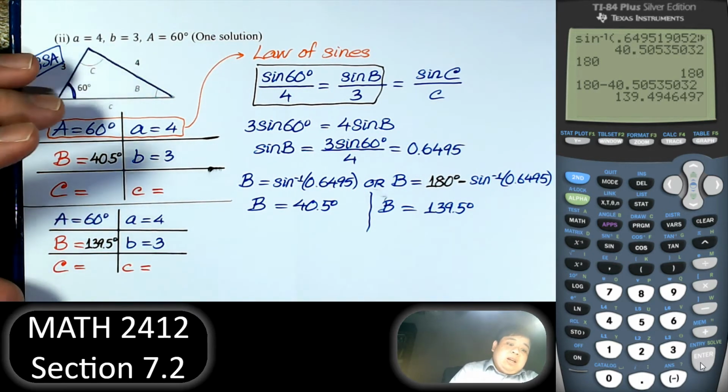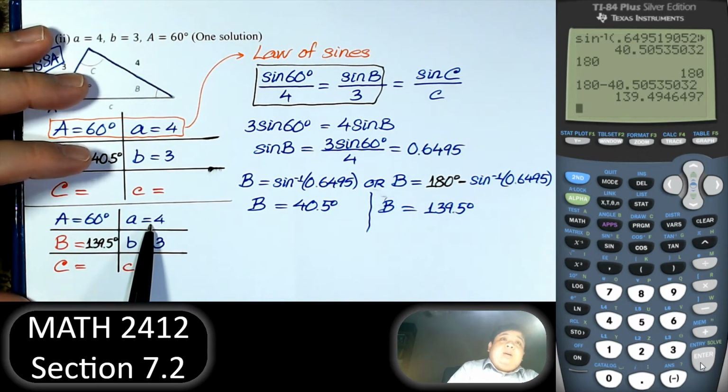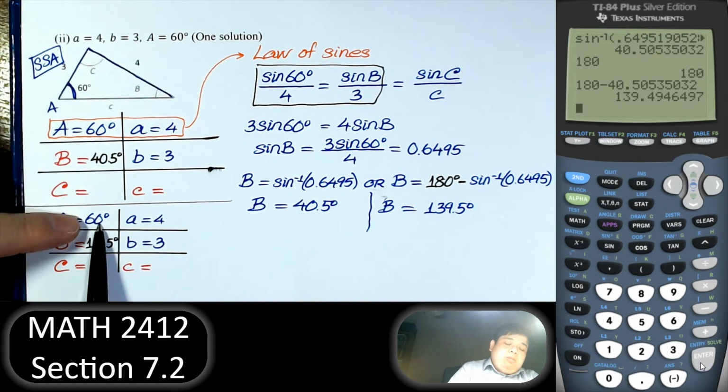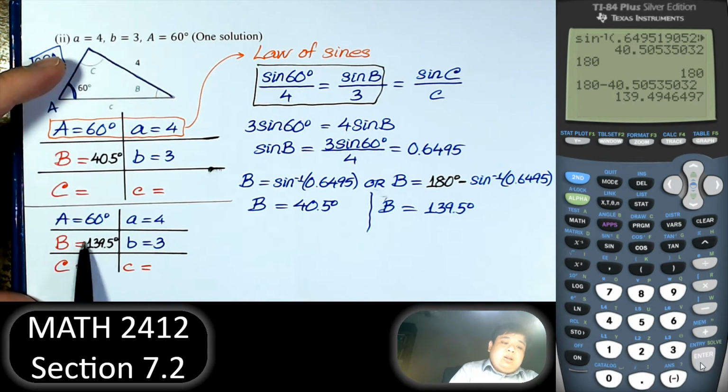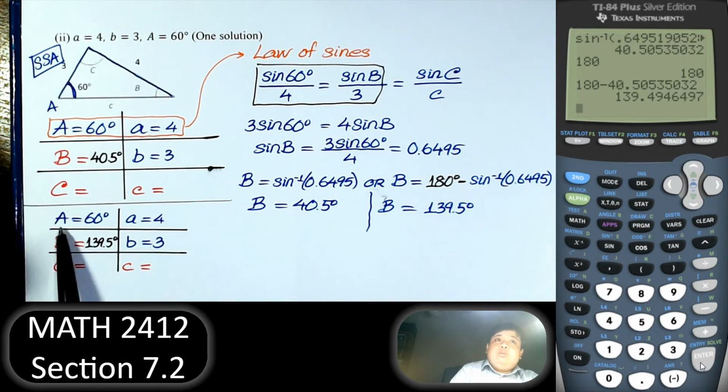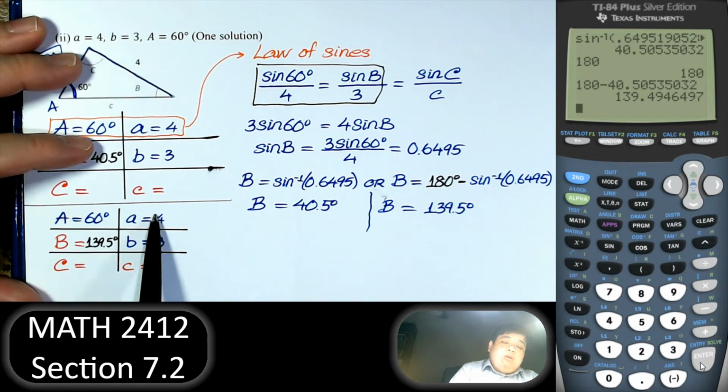The other reason is bigger angle faces a longer side. So whatever we have here, this solution has to be less than 60 degrees, cannot be more than that, right? Because simply a bigger angle faces the longer side, and we have the shorter side here, so we should have a smaller angle.